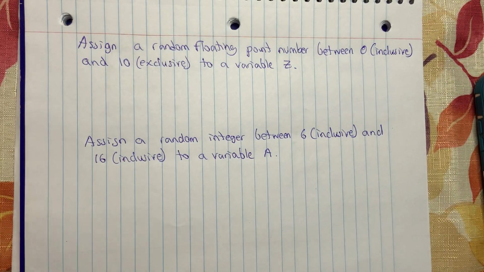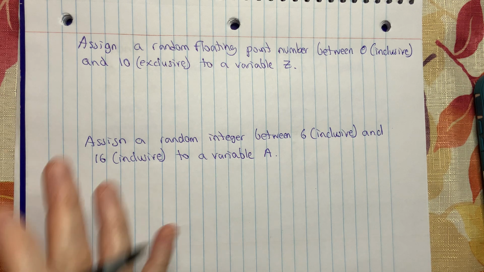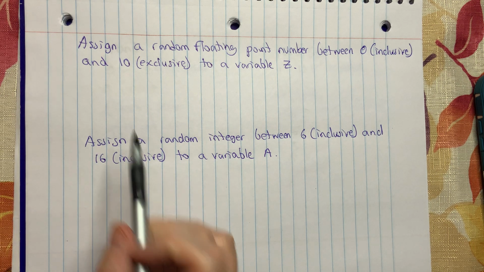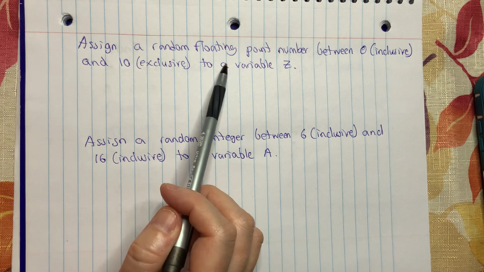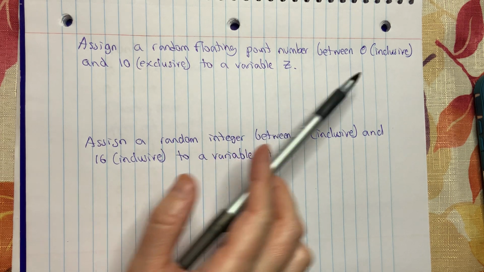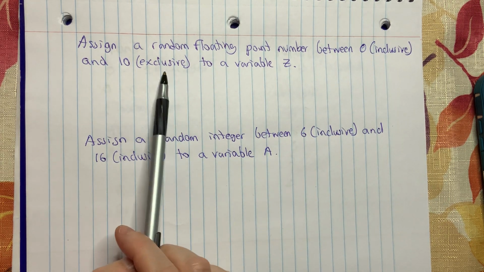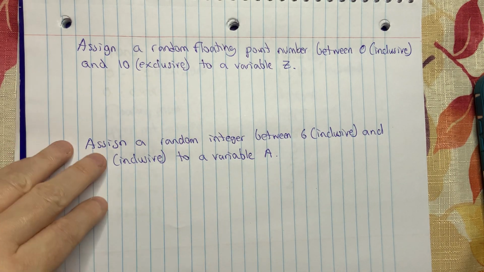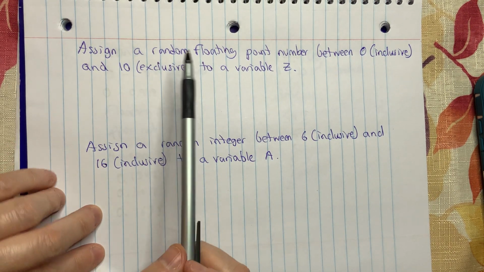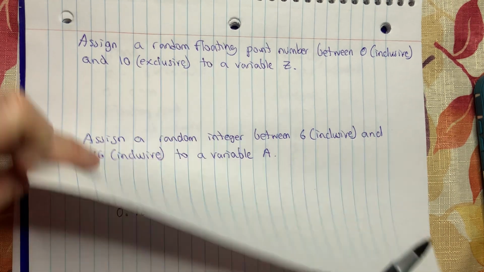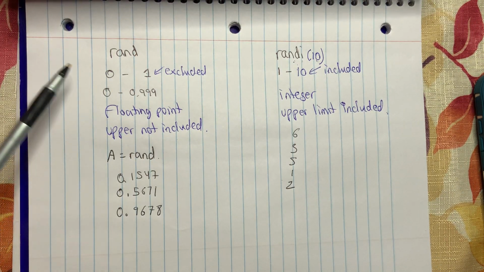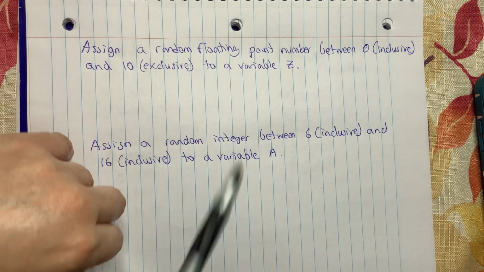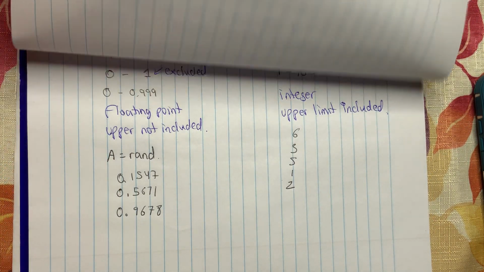Let's say that you have a problem that is worded like this. It says assign a random floating point number between 0 inclusive and 10 exclusive, so upper limit is excluded, to a variable z. So we already know, just by the word floating point, that the function that we're going to need is a rand function.